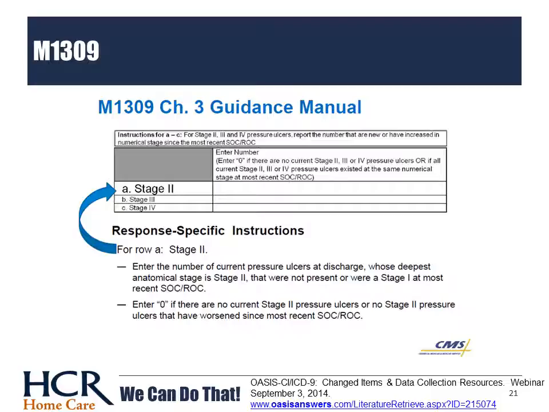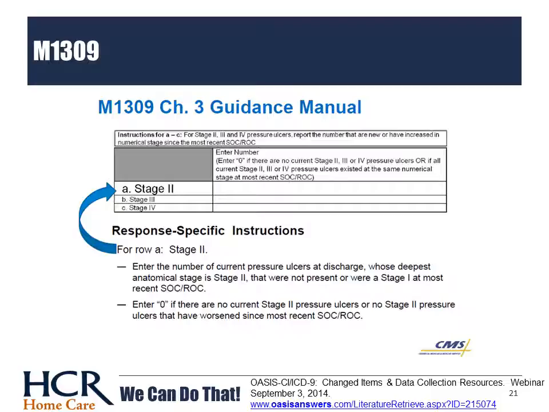So again, if you have a stage 2 pressure ulcer that has increased in numerical stage since the most recent start of care or resumption of care, in other words, at the most recent start of care or resumption of care, that pressure ulcer was a stage 1 and now is a stage 2, then yes, that has increased in numerical stage and therefore has worsened.